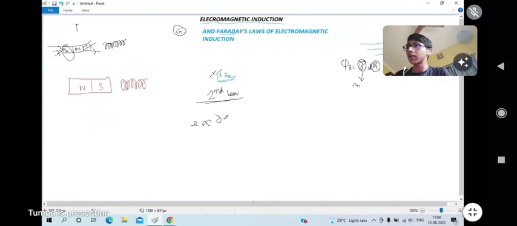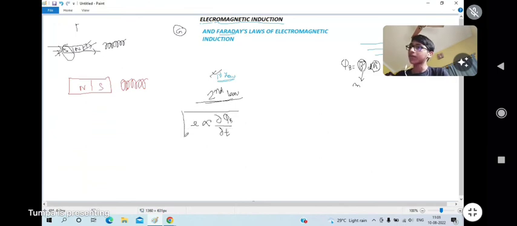Some people write only phi, but I am writing phi B, because B is the magnetic field intensity and A is the area. Sorry, it is delta phi B over delta t, the rate of change. Rate of change means there is a time interval. So this is what the law states.